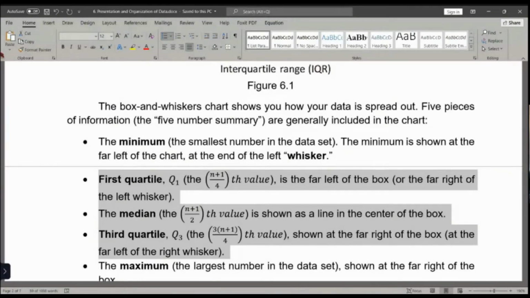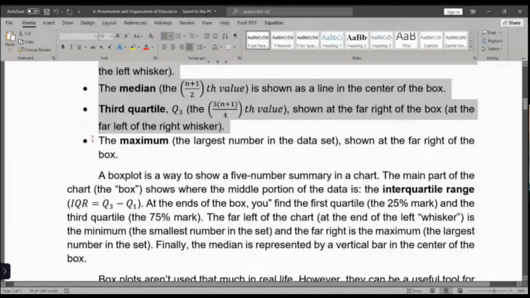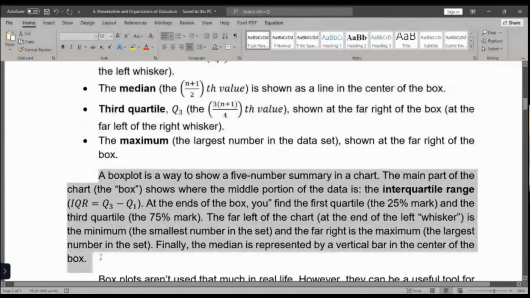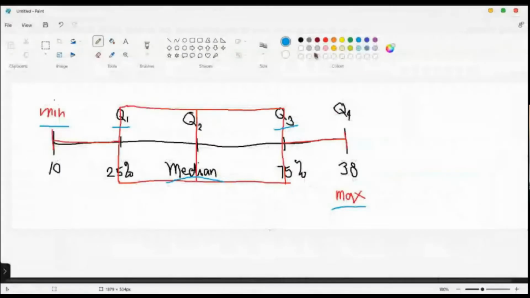Once we find the location, we'll now identify the first quartile score, the median, and the third quartile score. So take note of this formula. This is what I was trying to explain to you a while ago. And one thing more pala, this is the interquartile range. The interquartile range is actually here.